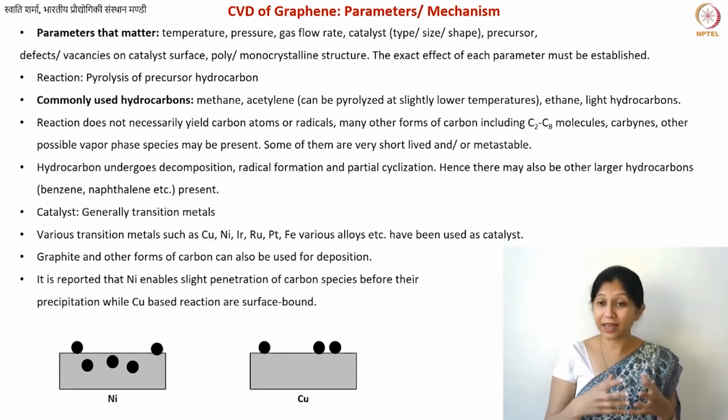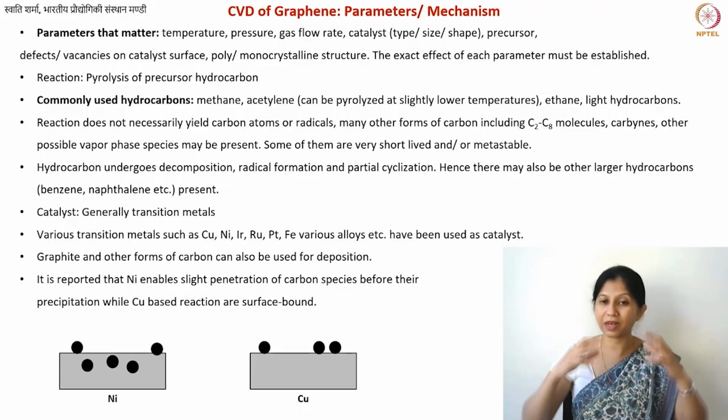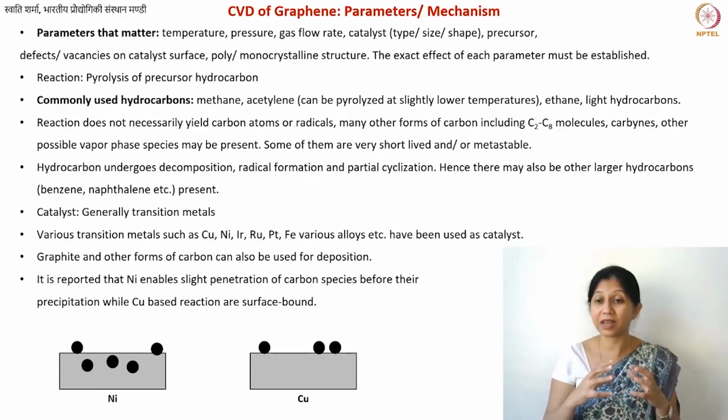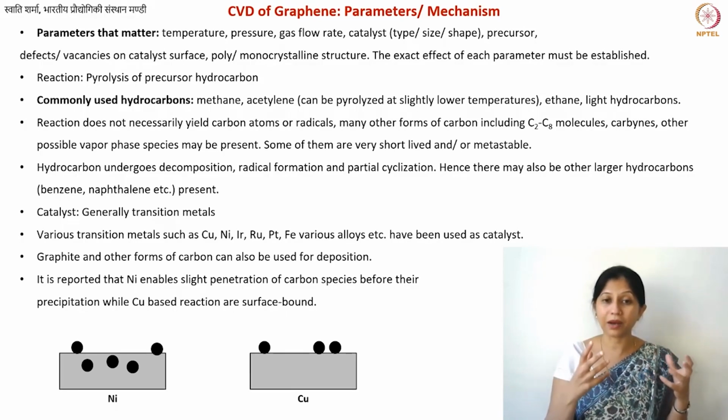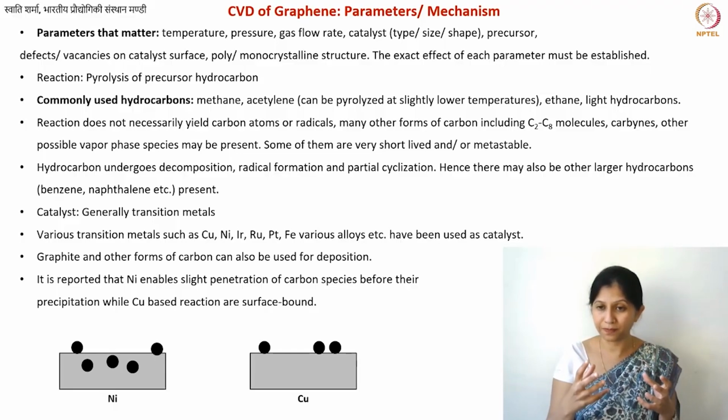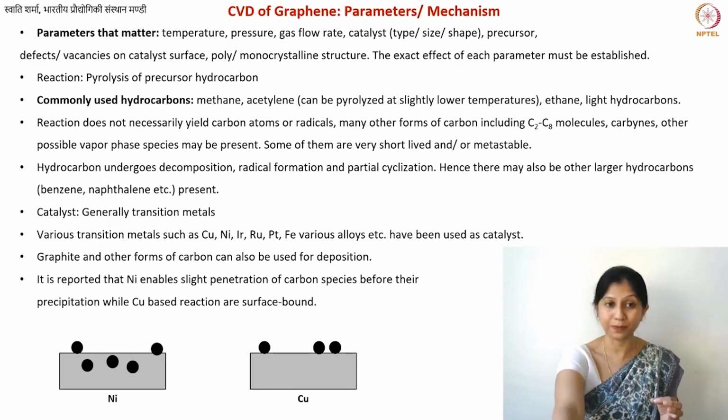In this particular case also, there may be carbon species, again not necessarily atoms, that go inside the nickel and then they are precipitated out. In the case of copper, it is believed that the reaction is more of a surface reaction, and that is indeed also the reason copper gives you thinner films, and that's why when you want to make few-layer graphene, often people rather select copper substrates. But various metals may have slight variations also when it comes to the mechanism of formation of carbon sheets. Okay.